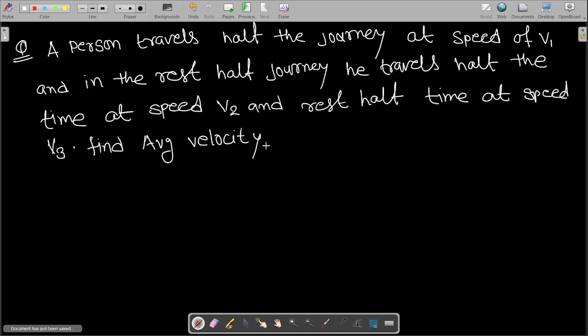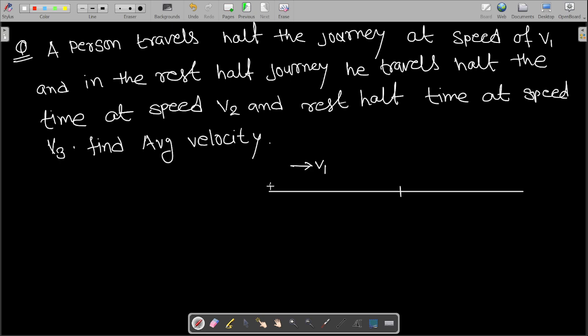Let me draw the diagram, otherwise you will get confused about it. It is the first question, that's why I'm doing the diagram here. Suppose this is the total distance covered by the person, and this is the half of the journey up to which the person travels with speed v1.